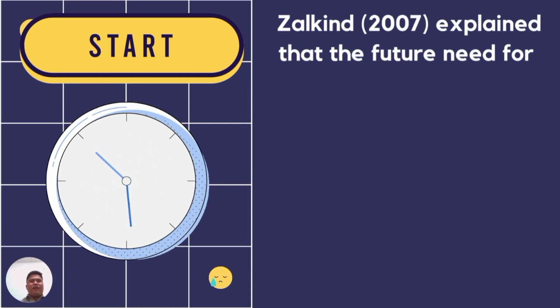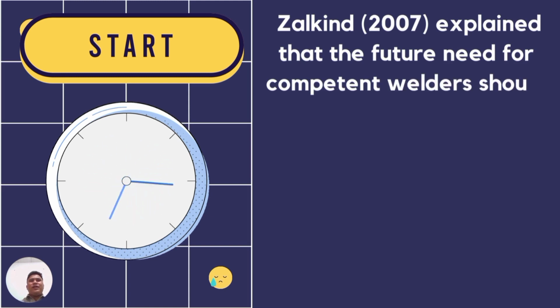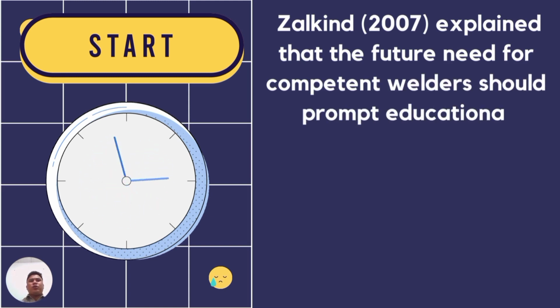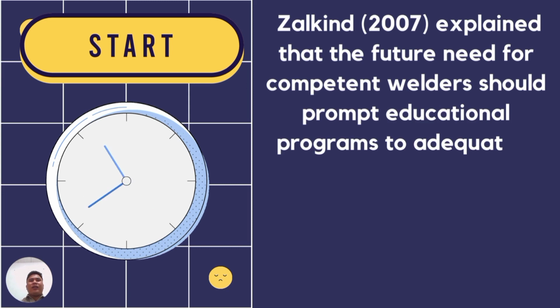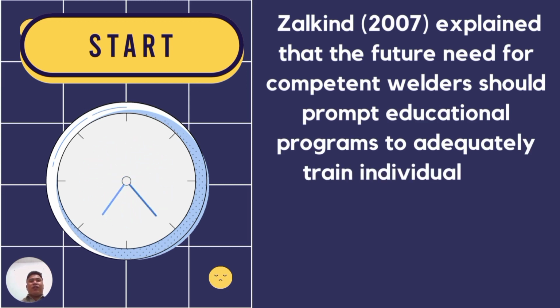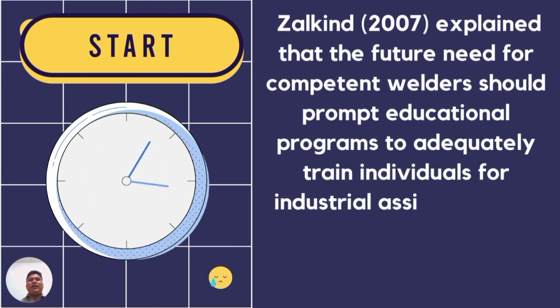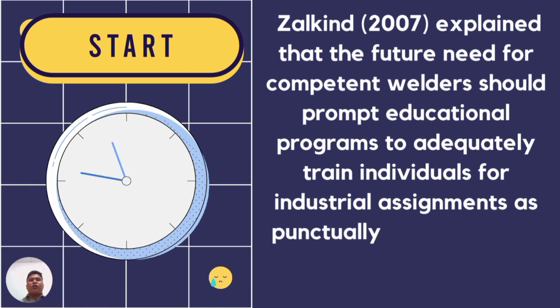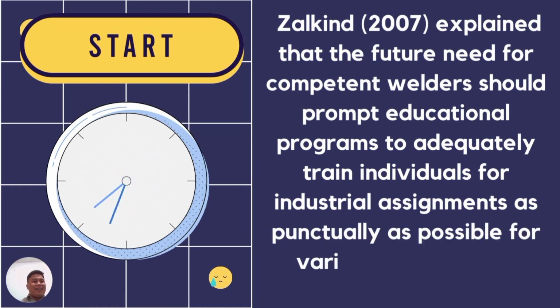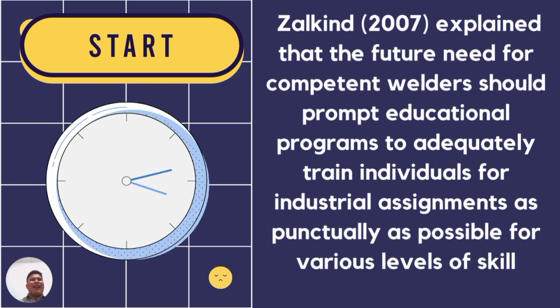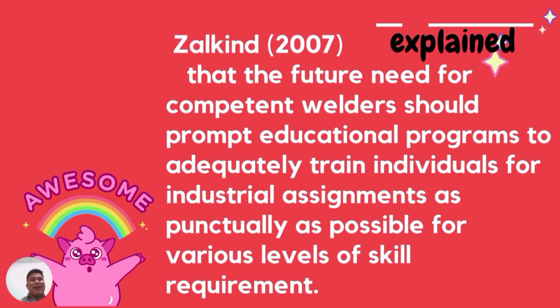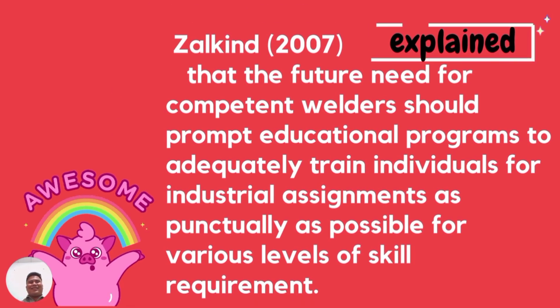Zalkind, 2007, explained that the future need for the competent welders should prompt educational programs to adequately train individuals for industrial assignments as punctually as possible for various levels of skills requirement. Identify the reporting verb in that statement. The correct answer is explained.